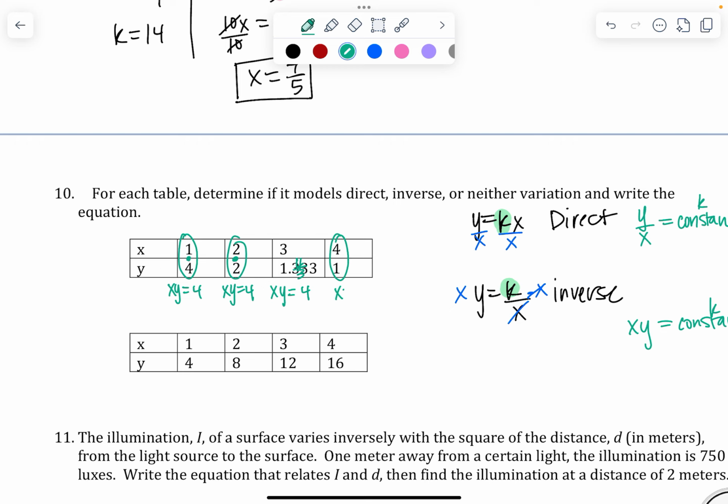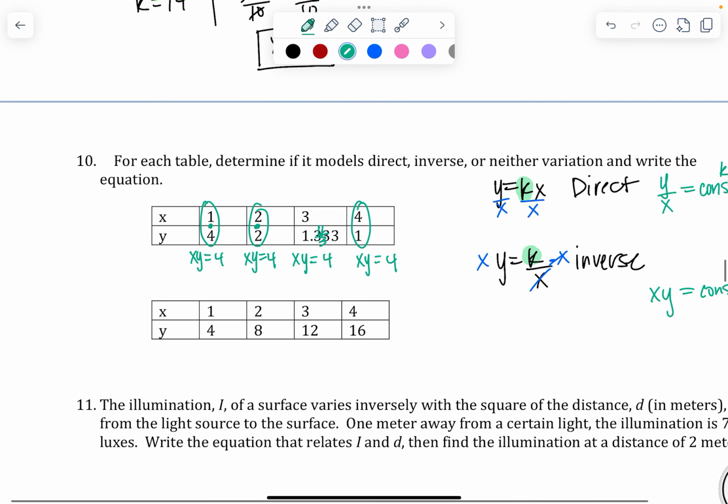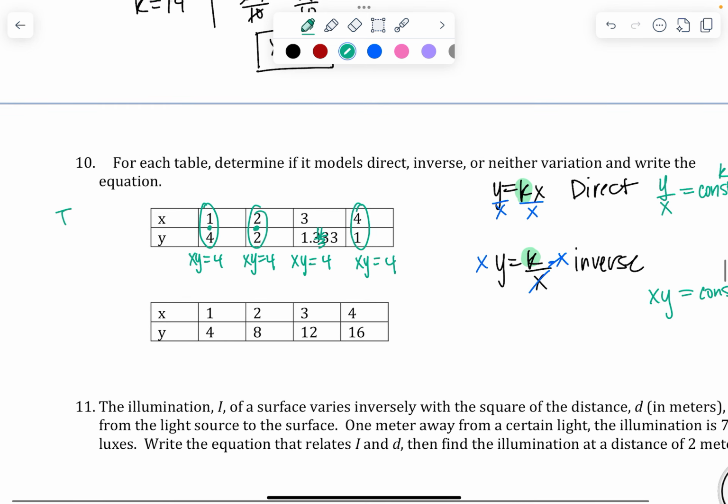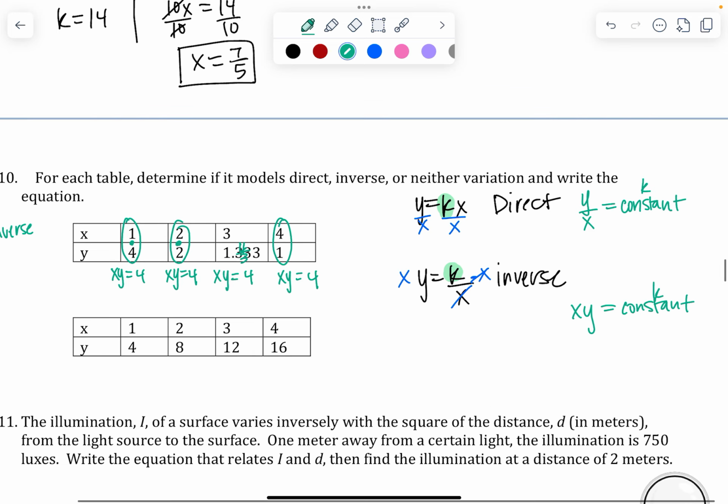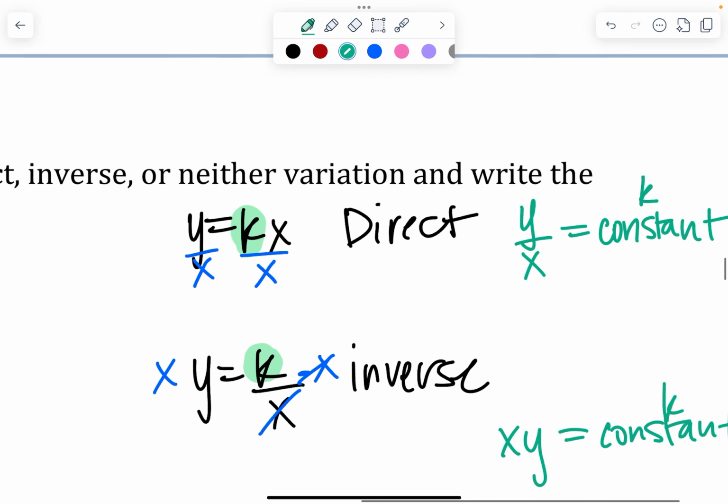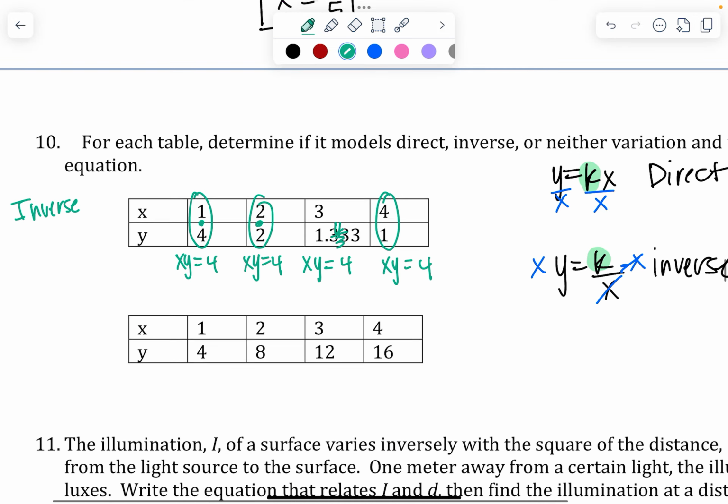And then here, x times y would be 4. So because in each case, the product is constant, we know it is inverse variation, because the product is constant for inverse and the ratio is constant for direct.